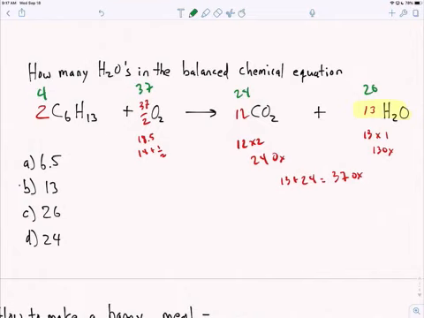But that only happens when this is multiplied by 4, because there's 13 with 2 hydrogens. So here, 13 by 2 times 13. Oh, right. Okay. You double the details.